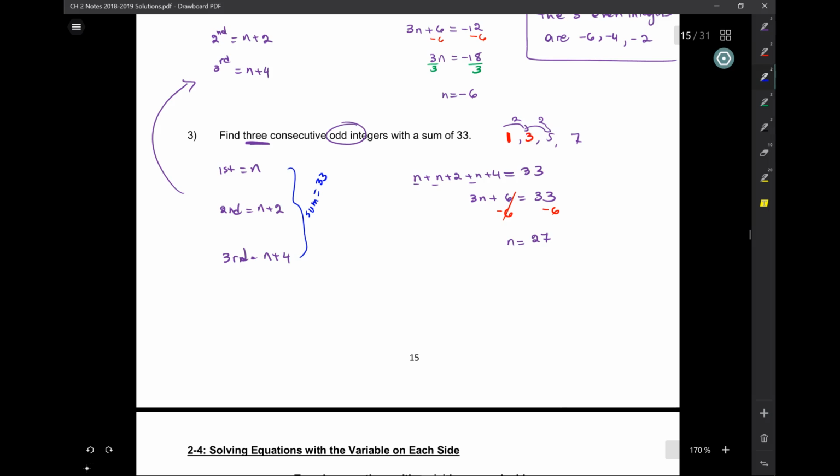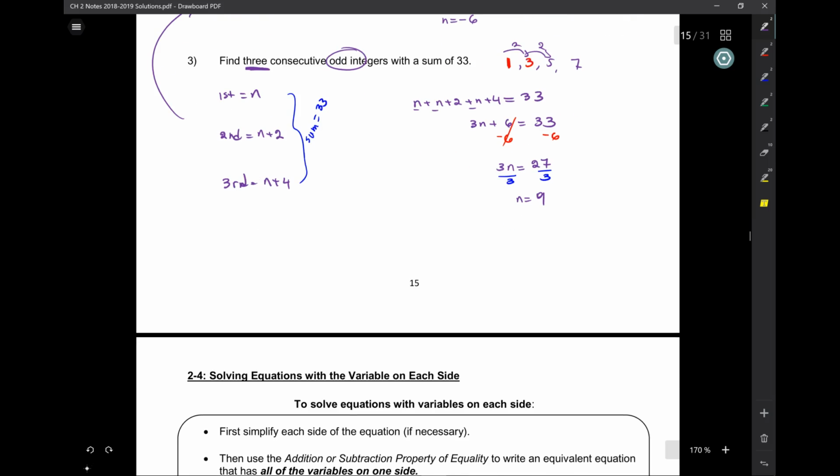Somebody said I need to divide by 3. So n equals 9. Do you see how it came out to an odd number, even though we did plus 2, plus 4? Isn't that amazing? It's like magic. So always trust in the math. Different type of sum.